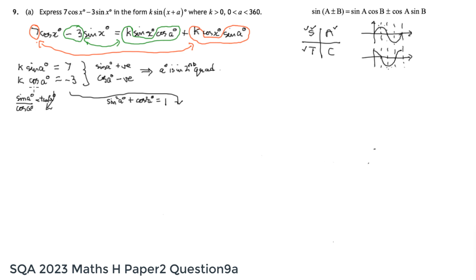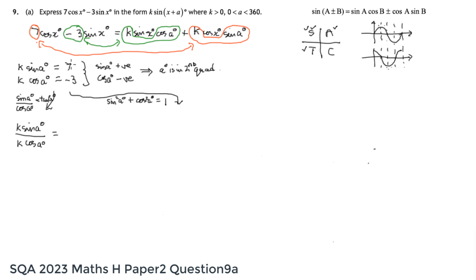So to use this first one, we look at these two equations and say, okay, let's divide the left-hand sides so that we get sine A over cos A. So we take the left-hand side of the first equation, that's k sine A, and divide it by the left-hand side of the second equation.